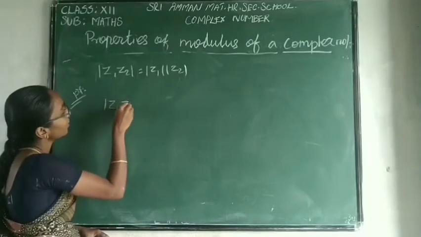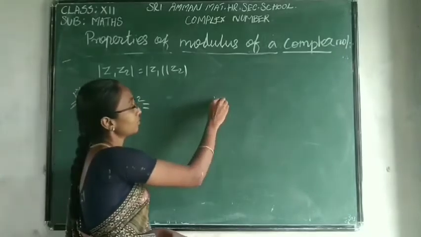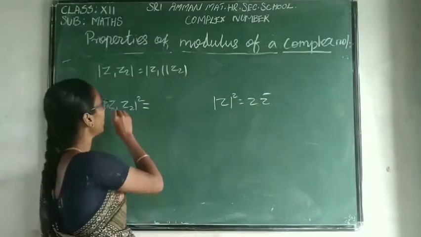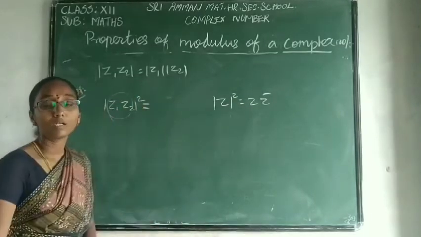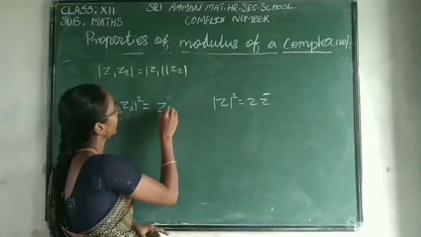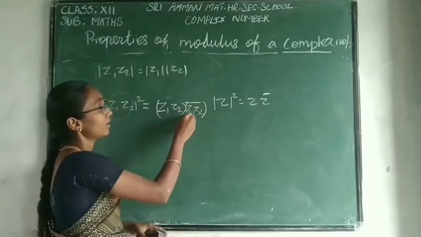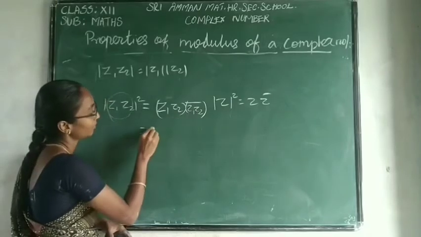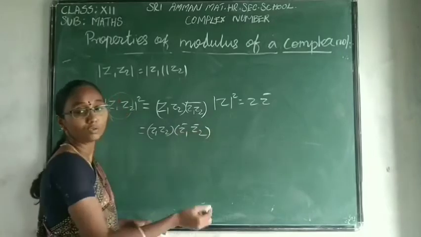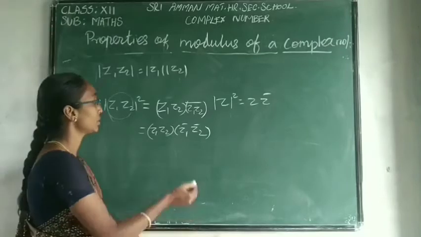Modulus of z1 z2 the whole square equals z1 z2 into the bar of z1 z2, since modulus of z square equals z into z bar. Separating the bar, z1 z2 into z1 bar into z2 bar, by the properties of complex numbers.